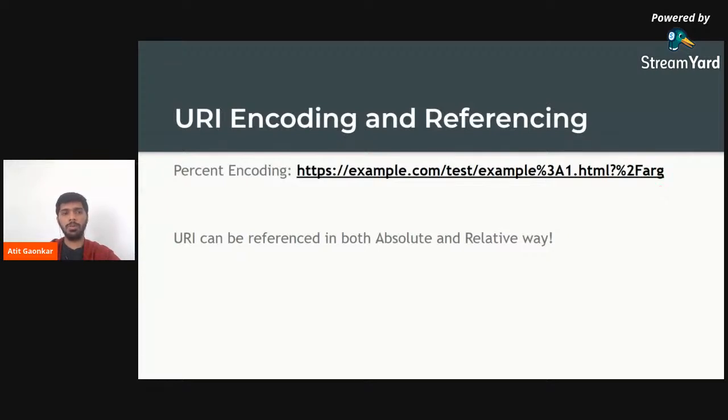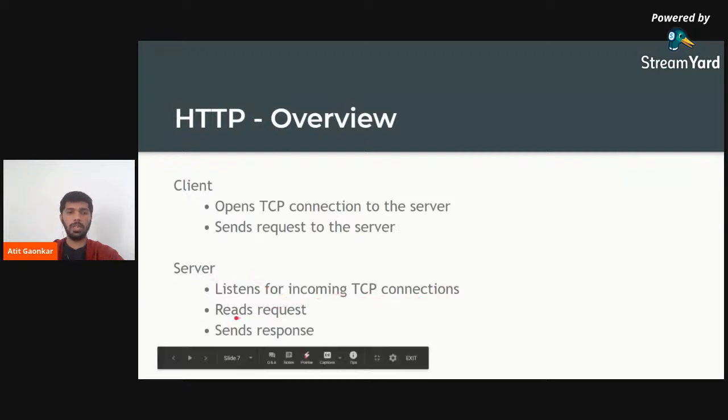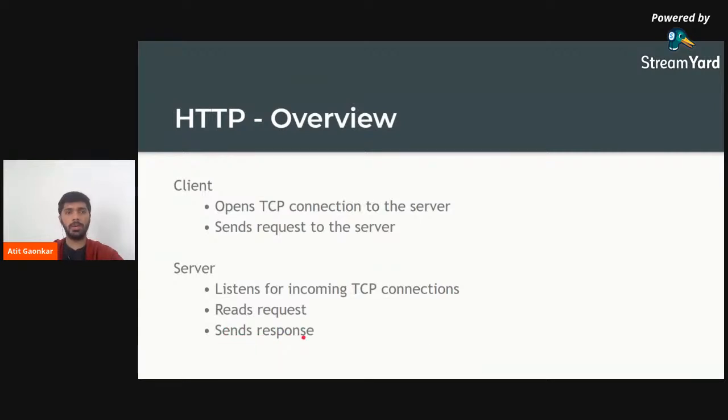You'll still be able to access the resource. Now, in an overview, what HTTP does is the client opens a TCP connection to the server and sends the request to the server. The server is in general listening for incoming TCP connections. Once it reads the request the client has sent, it will send a particular response. So this is just an overview of how HTTP works.